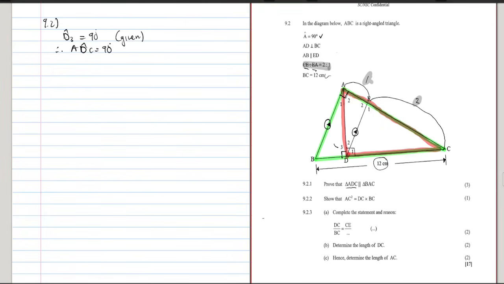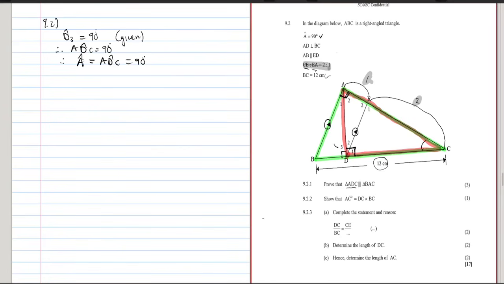I have 90 degrees and I also have angle A that is equal to 90 degrees. Therefore, angle A is equal to angle ADC. They are both equal to 90 degrees, okay?